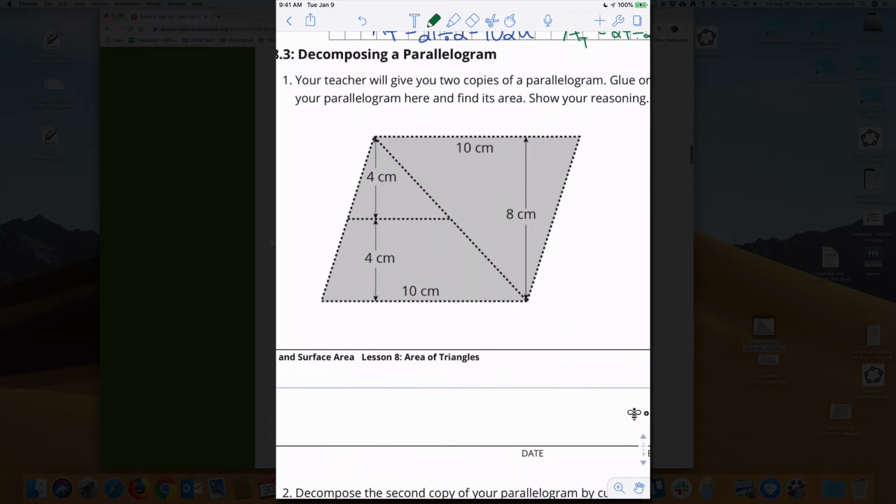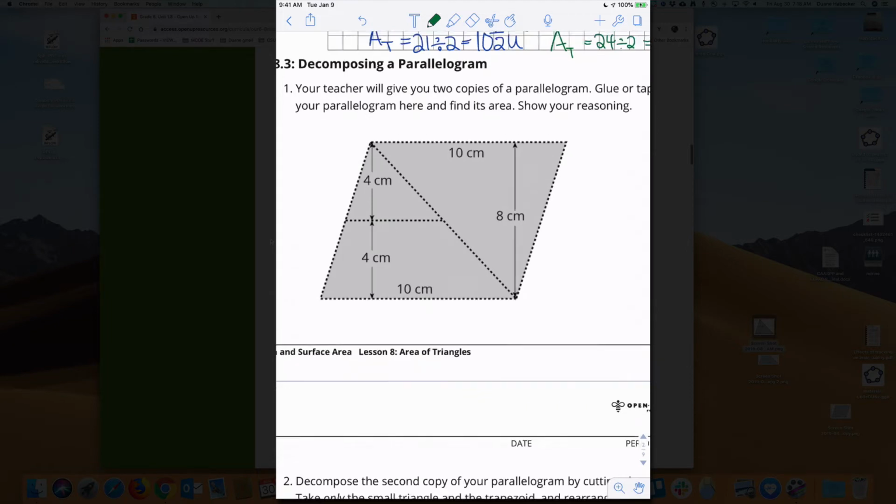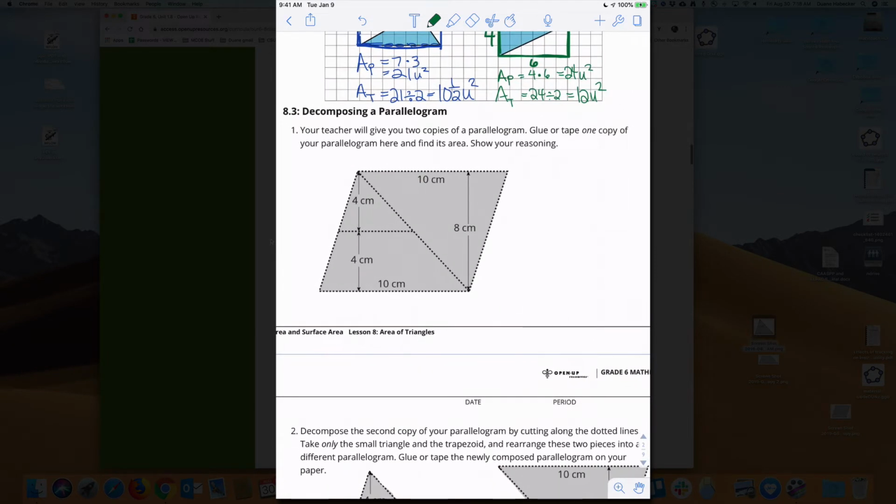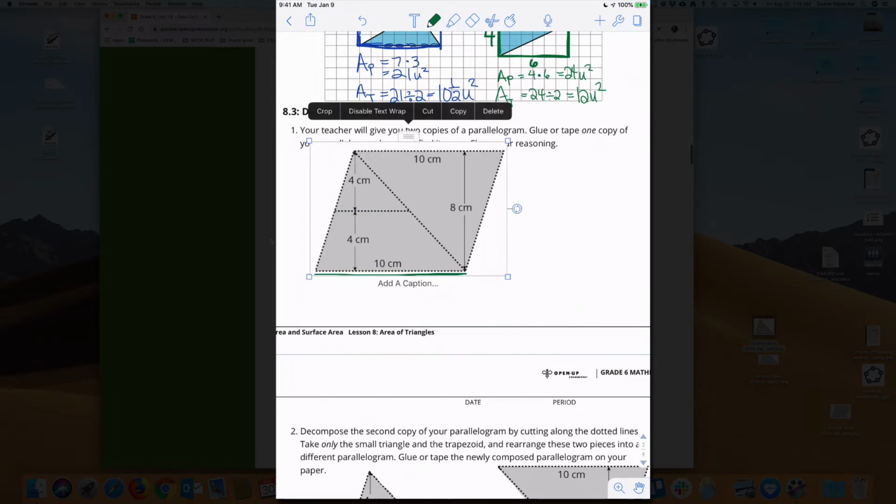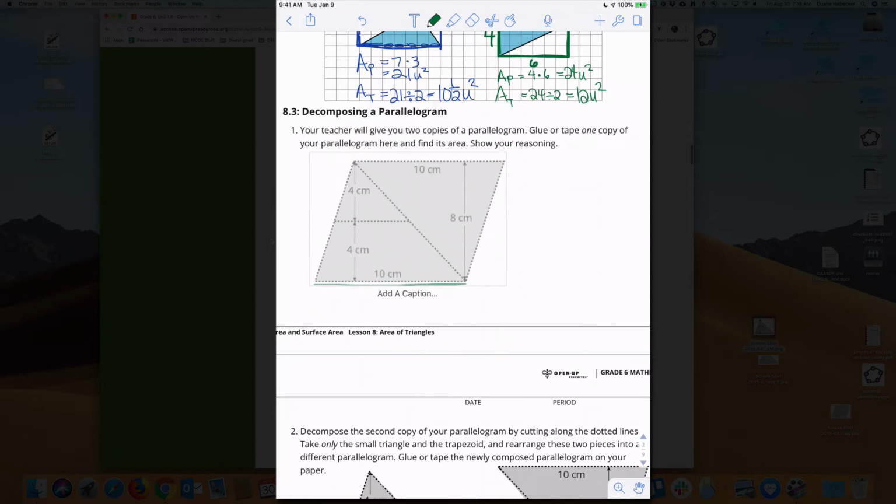So first thing we're going to do is we're going to try and find the area of this entire parallelogram. All right, so we see that the base of this parallelogram right here is 10. It's not super obvious, but we can see that the height of this parallelogram is 8.